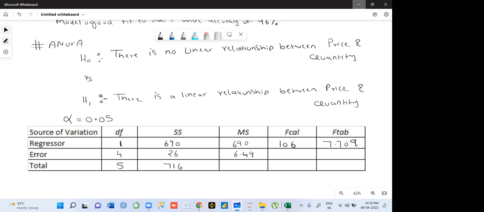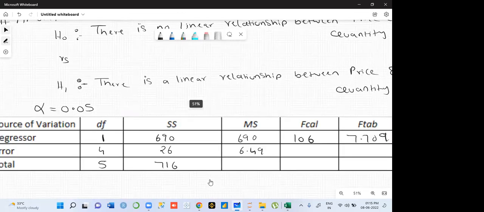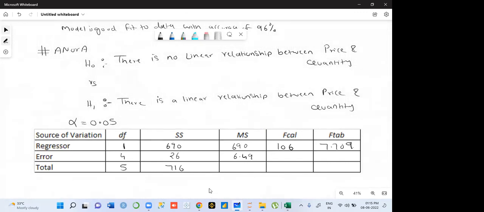So what will be the conclusion, guys? We reject H naught and conclude that there is a correlation or linear relation between price and quantity. Easy.